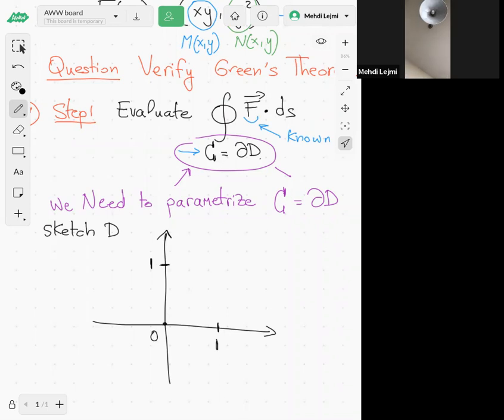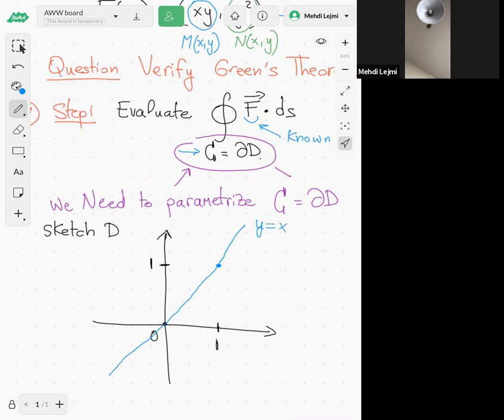So we have the line y equals x. I mean, it's supposed to be the diagonal. And we have the parabola y equals x squared.